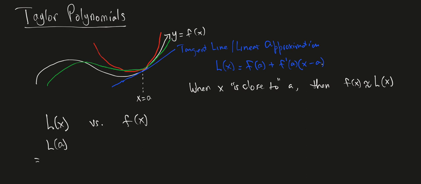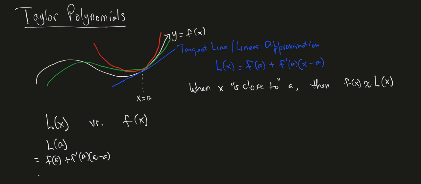Everywhere there's an x over here, I would have to replace it with a. Now, f of a is a constant. That's just your function value. The slope is a constant because it's a linear function. And then here I would have to plug a for this variable.